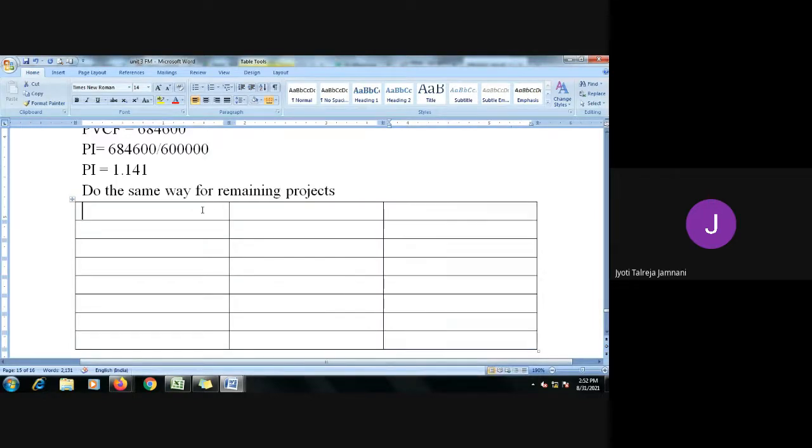Okay, so here I'll write project, profitability index and rank.